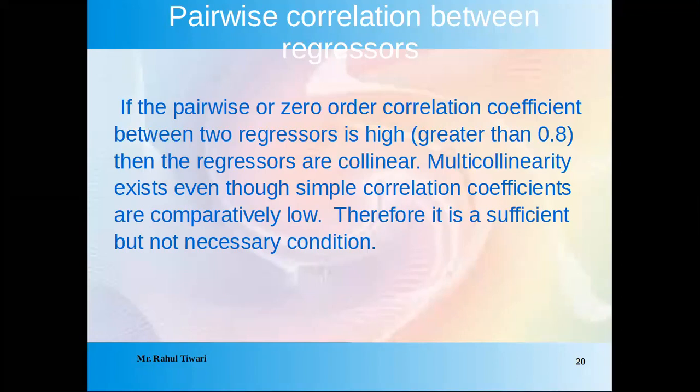And multicollinearity exists even if the simple correlation coefficients are comparatively low. Therefore, it is a sufficient condition but not a necessary condition. So again, this condition fails because it is sufficient but not necessary.